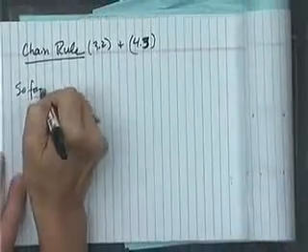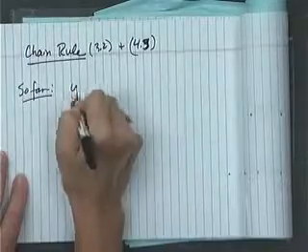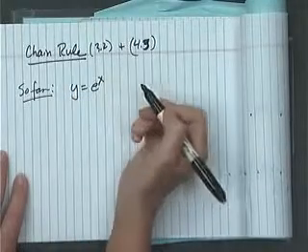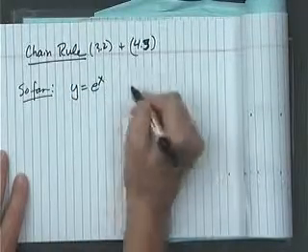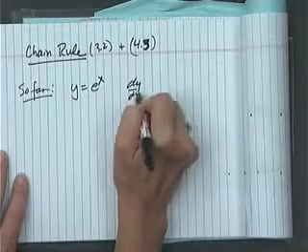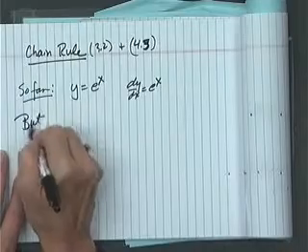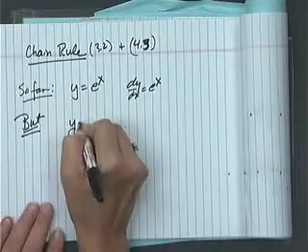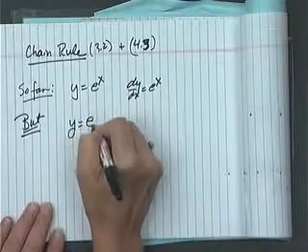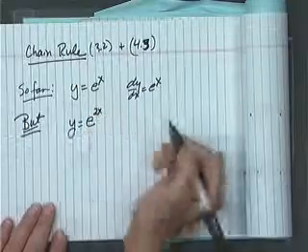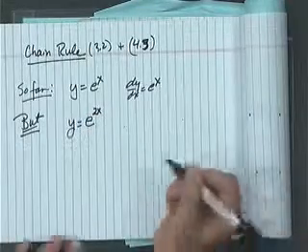So far, if I give you y equals e to the x, everybody celebrates because the derivative is e to the x. But how do we deal with something like y equals e to the 2x?